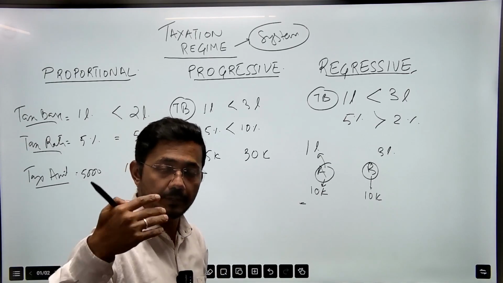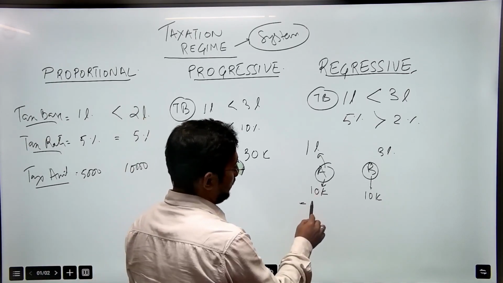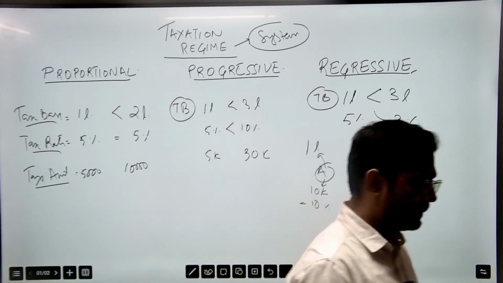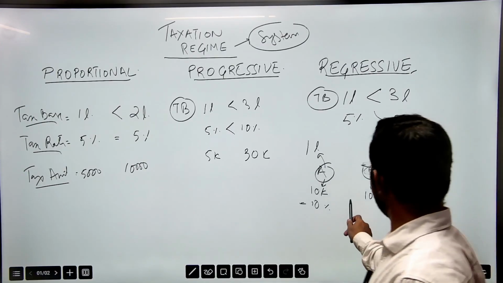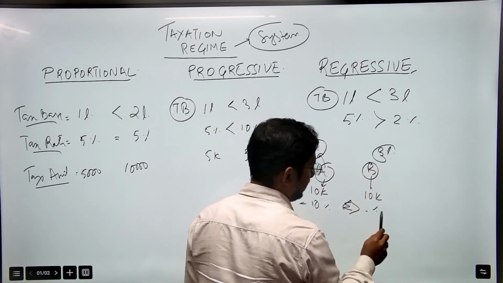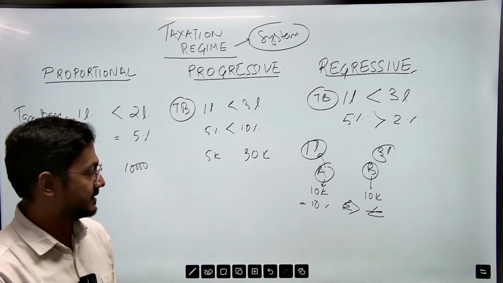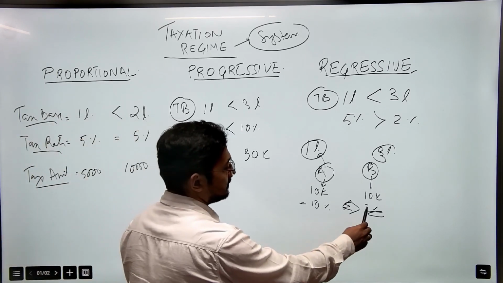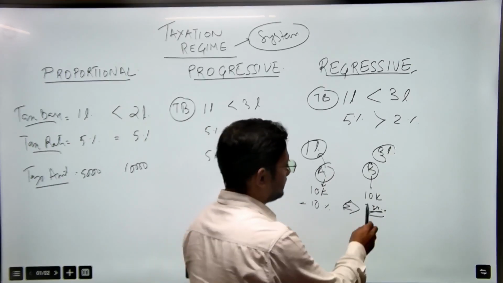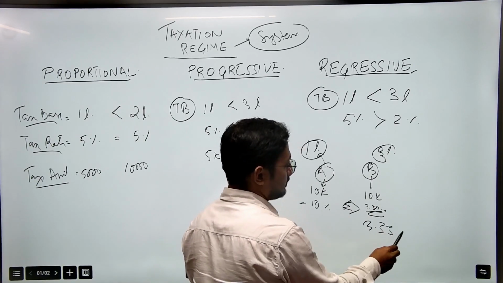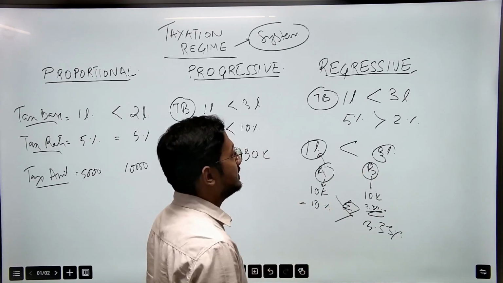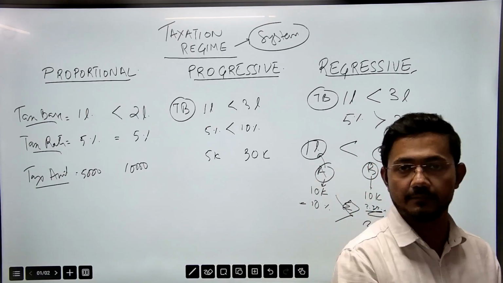Because tax rate is the percentage of income that you have given. So for 1 lakh, that is 10%. Now 10,000 of 3 lakh is definitely less than 10%. So income has increased, but the tax rate has decreased. Around 3.33% will be the tax rate for B. So this type of taxation regime is the regressive taxation regime.